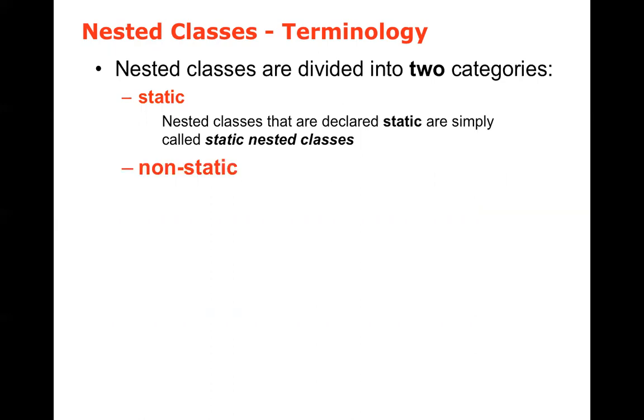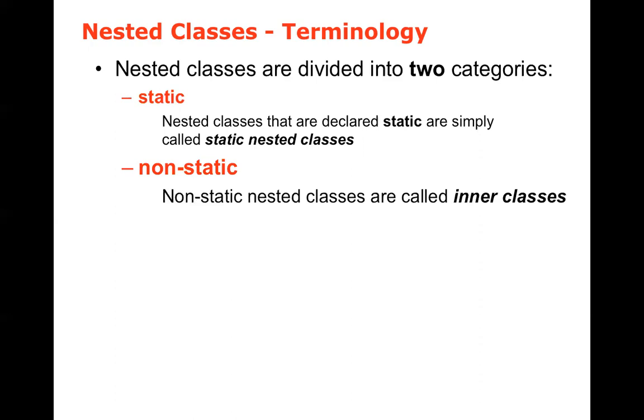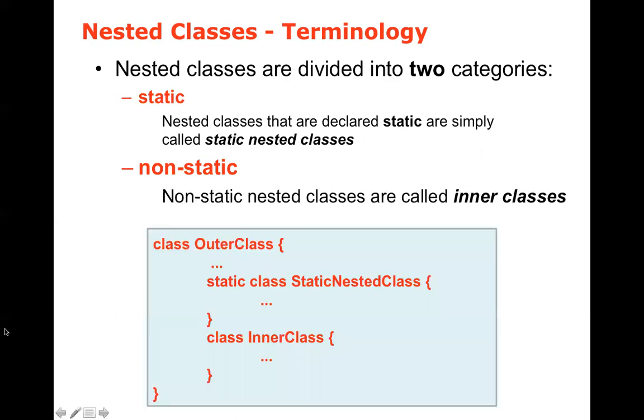And we have non-static nested classes, which are also called inner classes. Something like this: I have a class, let's say class A. Now I have static class B, and I have class C. Now there are two nested classes. One is a static nested class, another is an inner class.